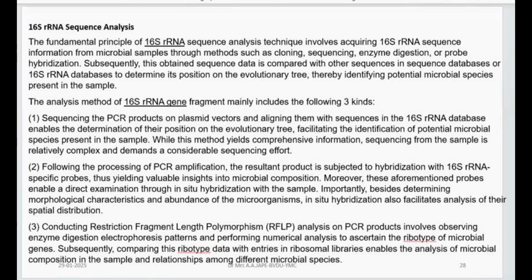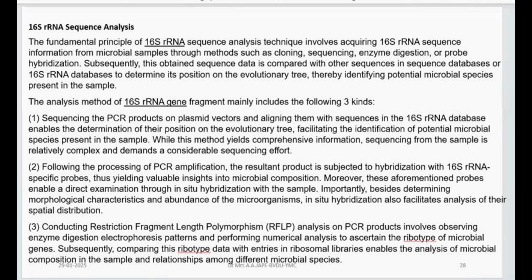That is one. Then you can understand the species composition. You can understand how abundant that particular species is in the given environment. So abundance distribution. So not only of one species, but multiple species which are present in that particular sample can be analyzed, and abundance distribution of each can be identified.